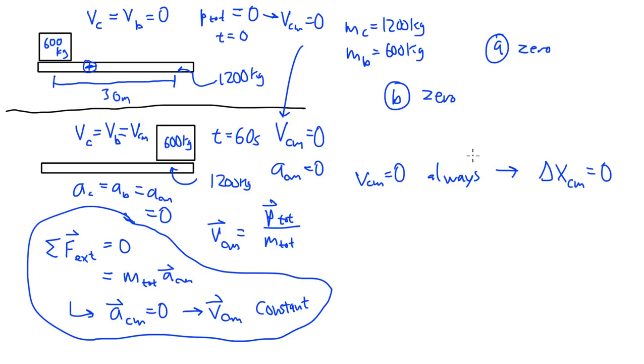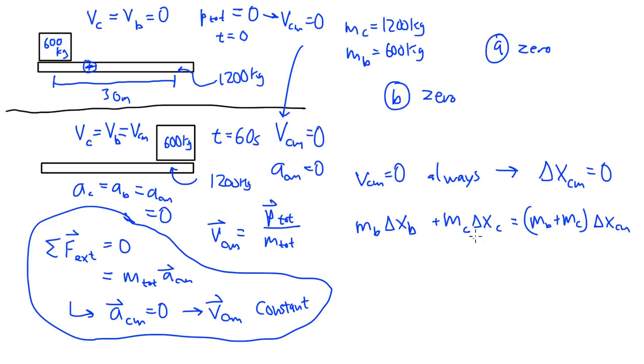That doesn't mean the displacement of the train car is 0, because the train car could get displaced and the balls could get displaced in such a way that the center of mass goes through no net displacement. So I'm going to take this equation and say the mass of the balls times the displacement the balls go through, plus the mass of the train car times the displacement the train car goes through, is equal to the total mass of the two times the displacement of the center of mass.